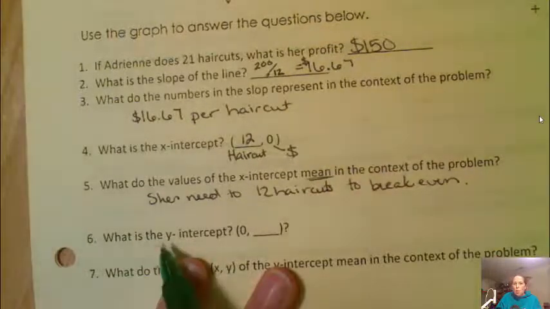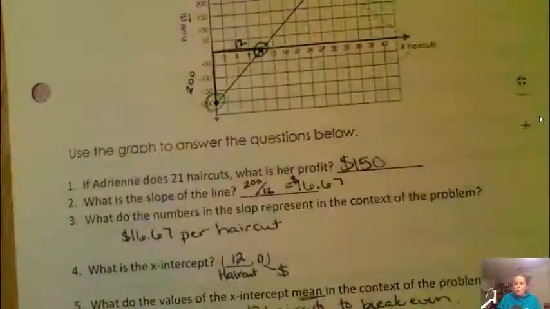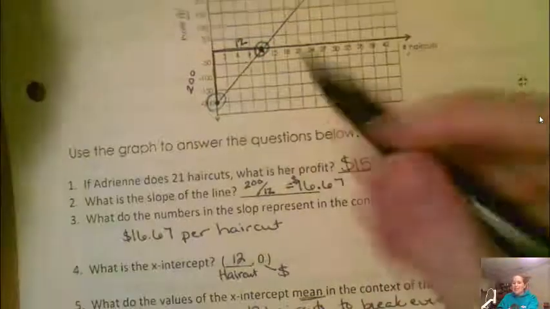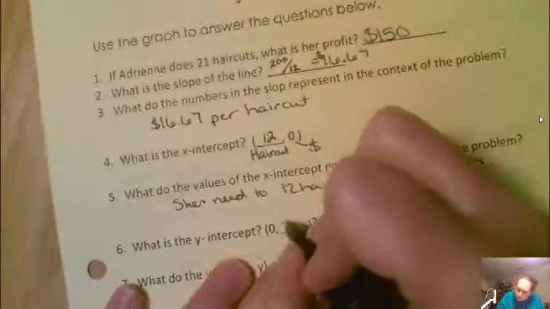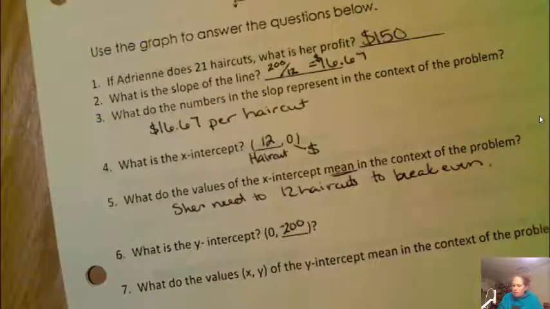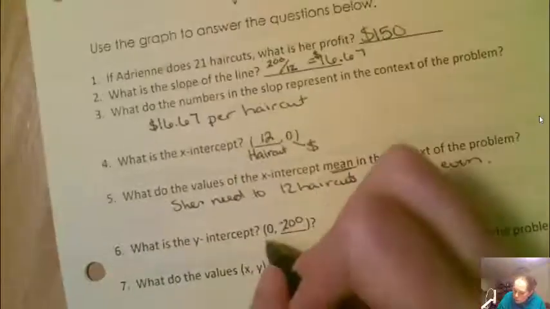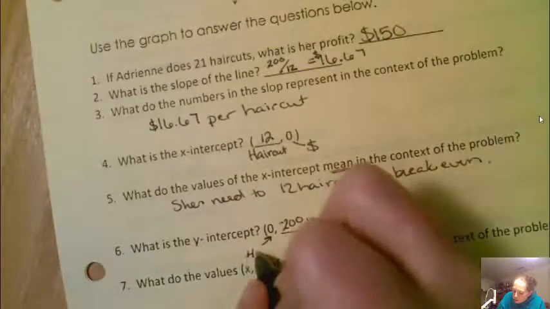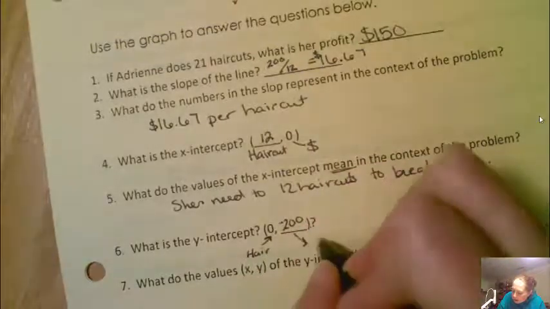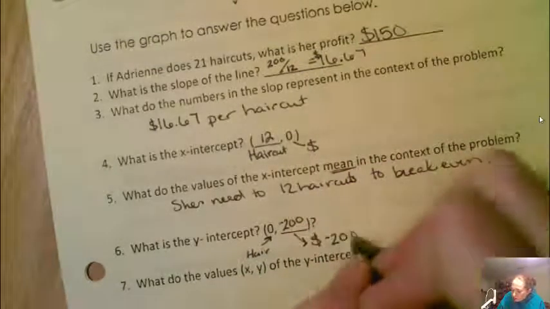The next question is, what is the y-intercept? That would be where it crosses the y-axis. That's at negative 200. So that would mean you do 0 people's hair and you have negative $200 in the bank.